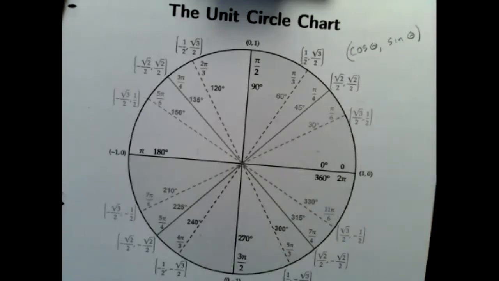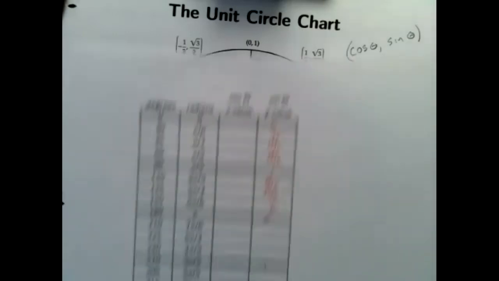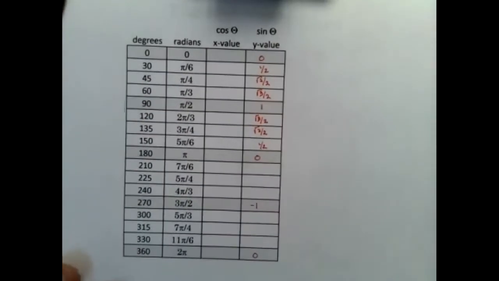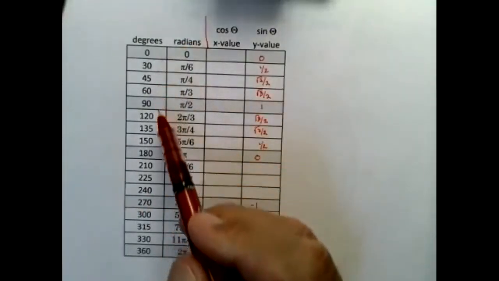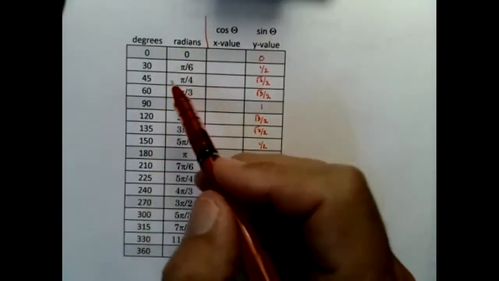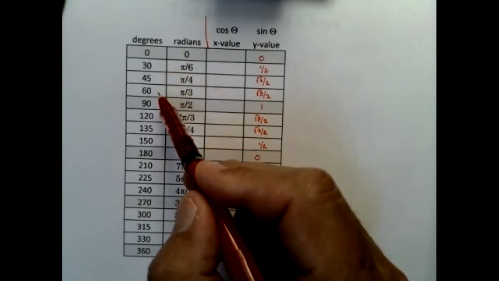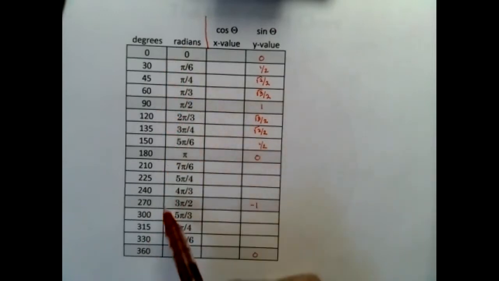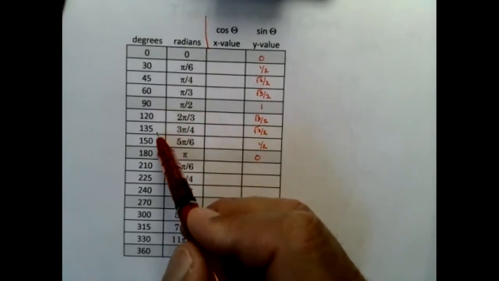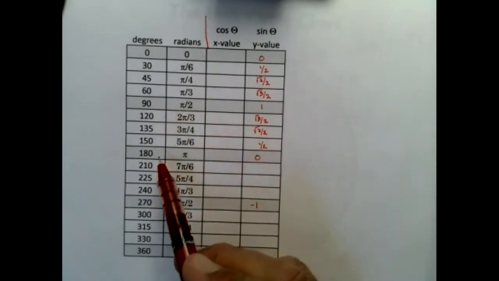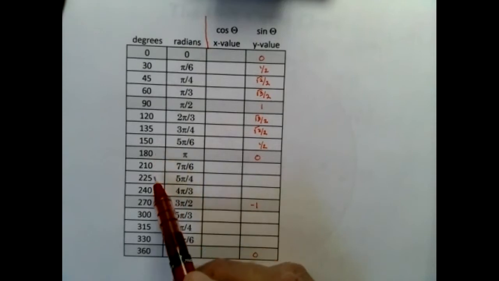So I started a chart. I'm here, and I wrote down, okay, I have degrees, which I'm familiar with. And these are all the popular ones: 30, 45, 60, 0, 90, 180, 270, 360. Then I added 30, I added 45, I added 60. I added 30, added 45, added 60.